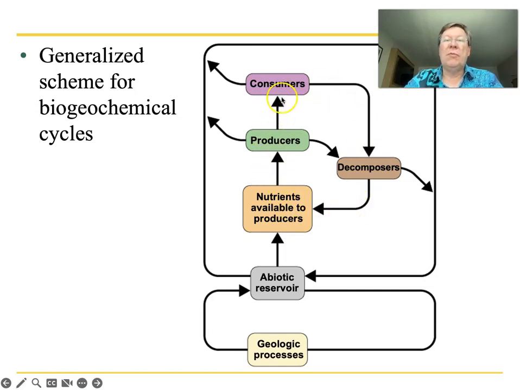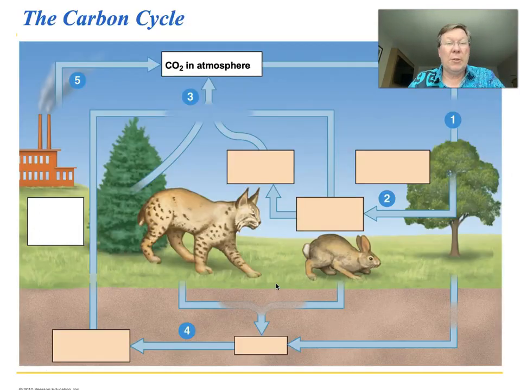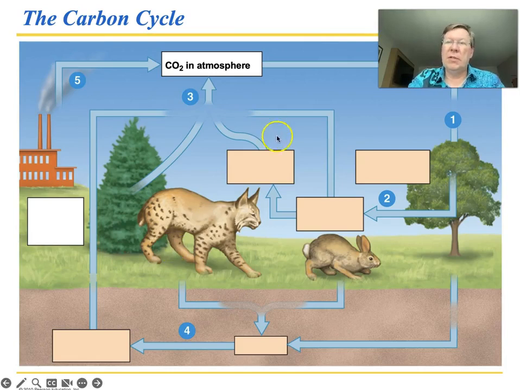But we still have to return to the geo, and that's where the decomposers, the producers and the consumers are able to put these nutrients back into the abiotic reservoir. So you can see there's multiple things that can happen. There's little cycles within cycles, and yet this large-scale cycle where everything goes back through the abiotic reservoir is also important to replenish. Let's take a look at one of these cycles.